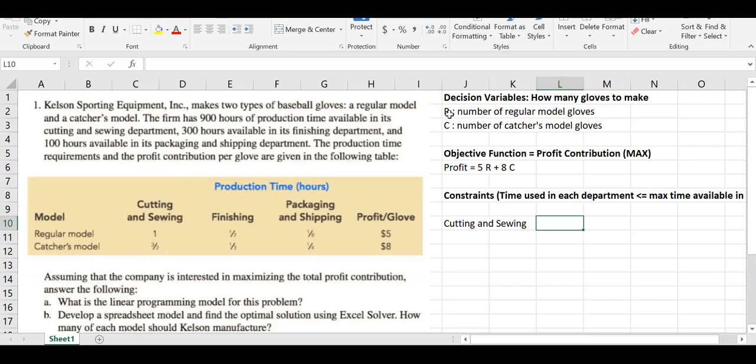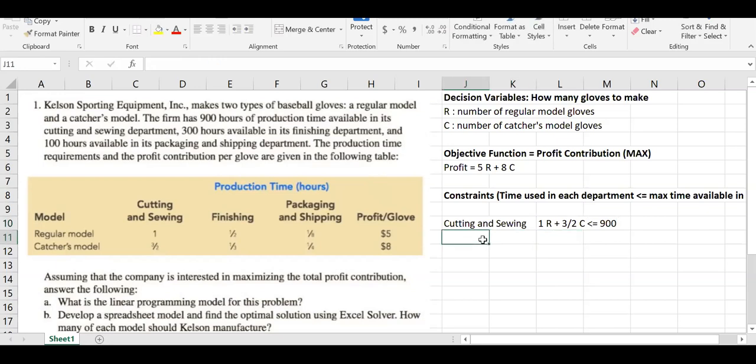If we make R units, it's 1 times R, plus 3/2 or 1.5 hours for each catcher's model. So 3/2 times C. And this cannot be more than 900 hours, because that's the maximum number of hours available to be allocated to production at this department.